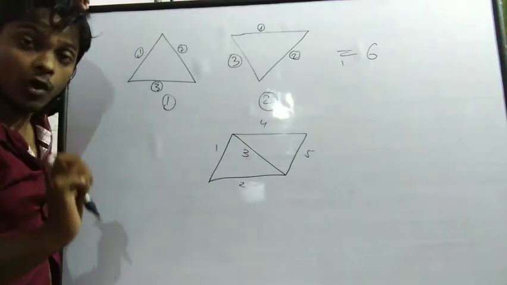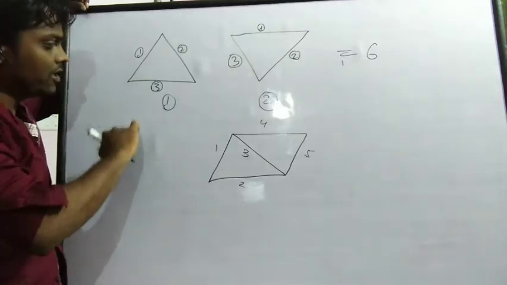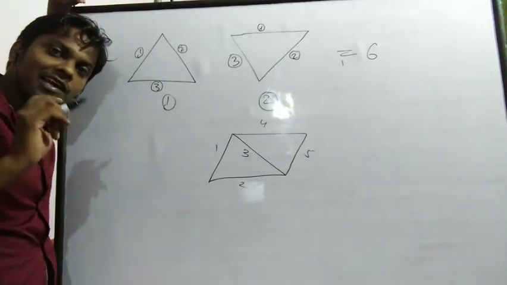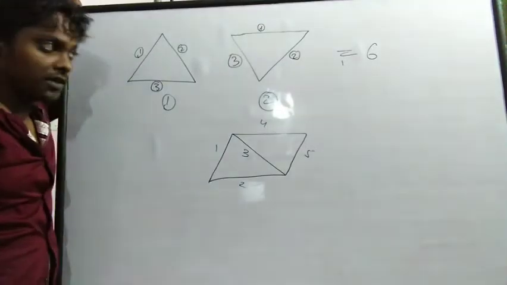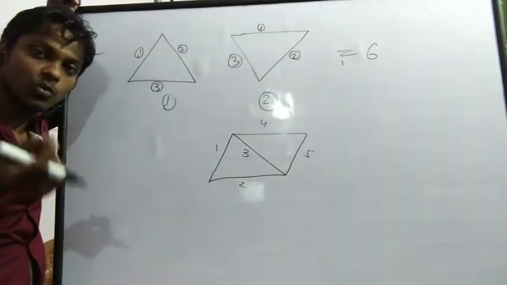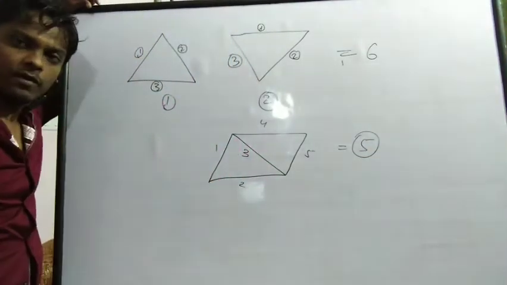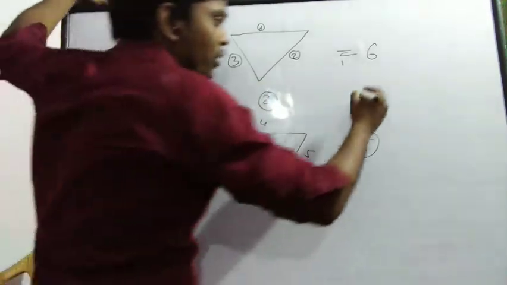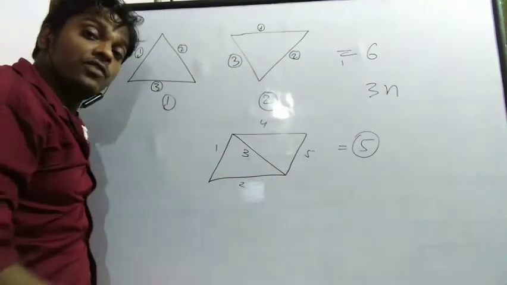So what is the formula required for the number of matchsticks? See, one triangle has 3 matchsticks, 2 triangles have 6. But if we are joining them, then there is one less. Here is 6 and here is 5. If we are taking this shape, then we have the formula 3n.